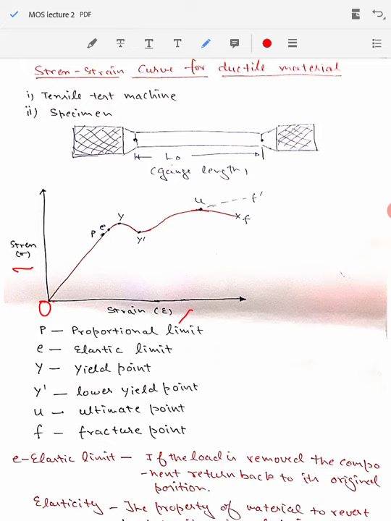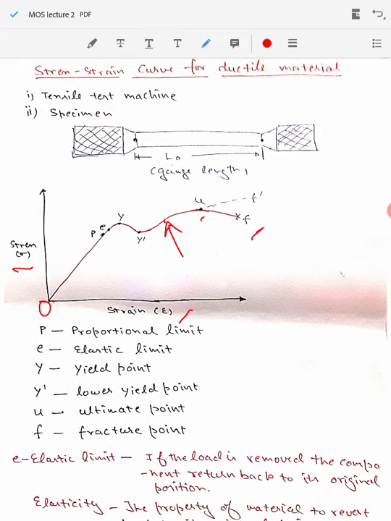Now the question arises: the stress corresponding to point F has already been reached at this point here, so why has the component not failed here? It seems that the fracture stress is lower than the value of ultimate stress.